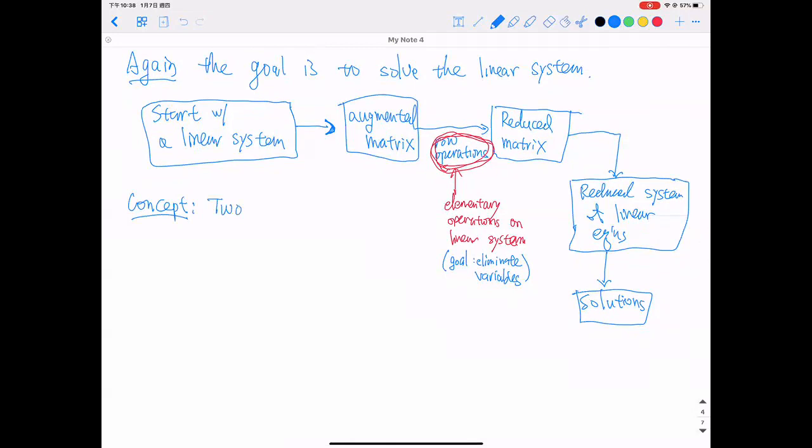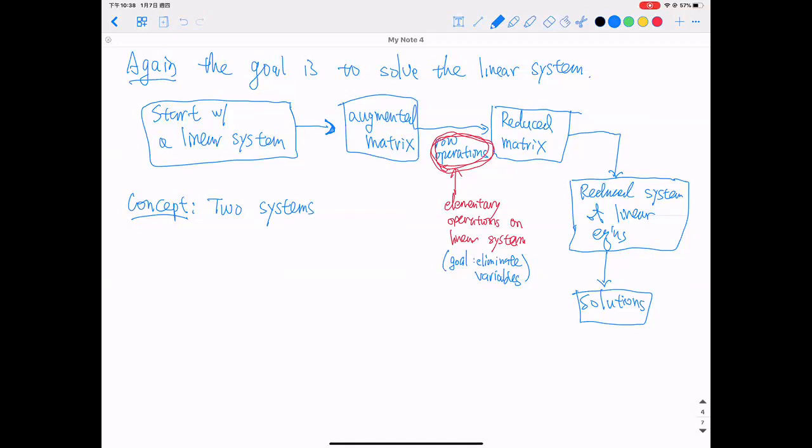When we do these row operations, these elementary operations to our linear system, we've changed the systems. The equations look different. But they do nevertheless have the same set of solutions.